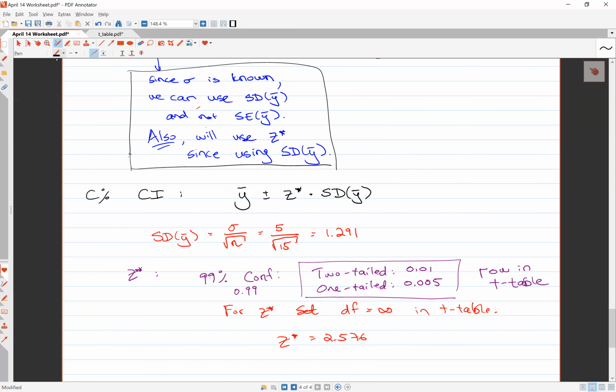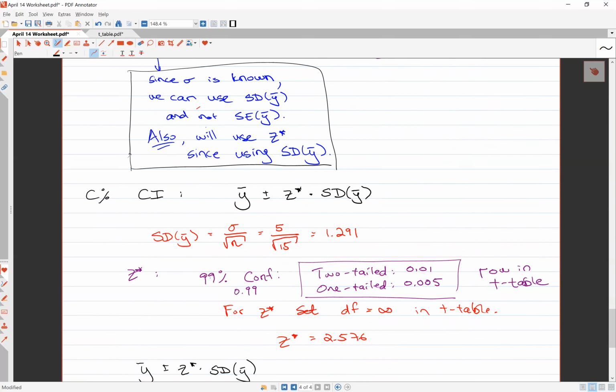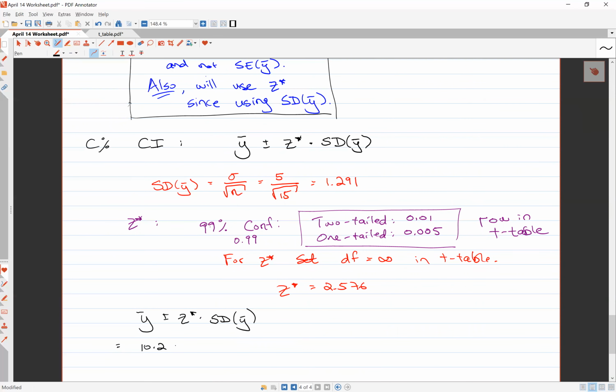This now gives us everything to finish the confidence interval calculation. Let's plug in what we know. We know the sample average was 10.2. Our Z star value is 2.576. And we know our standard deviation is 1.291.